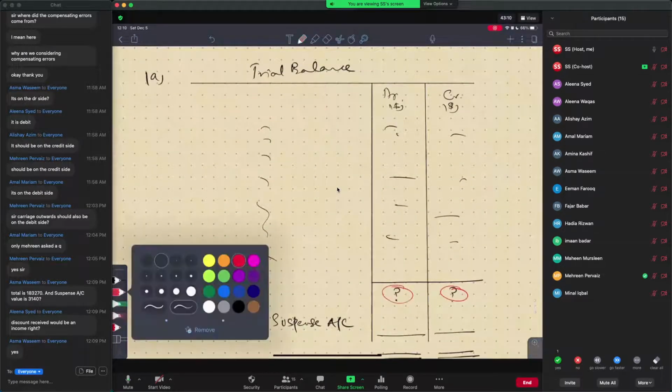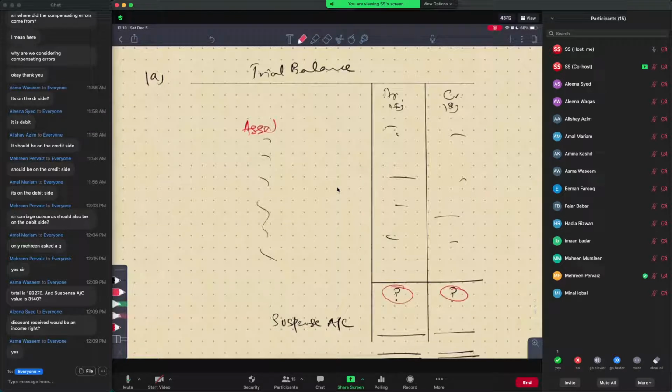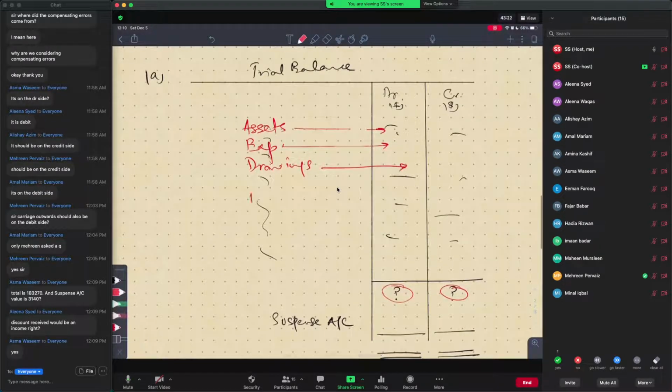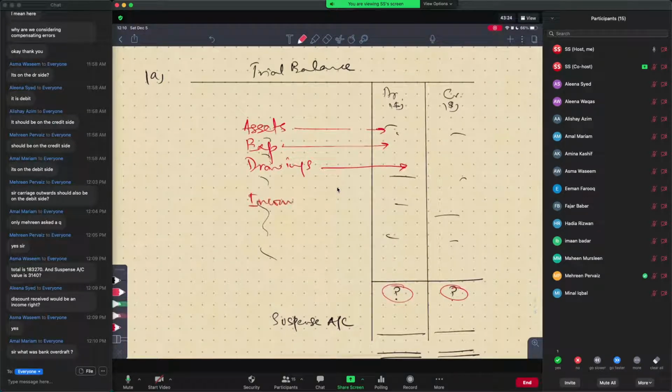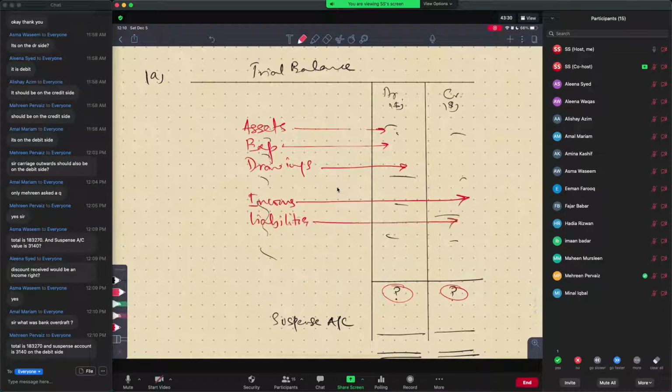So we have assets, expenses, and drawings here on the debit side, and incomes, liabilities, and provisions on the credit side.